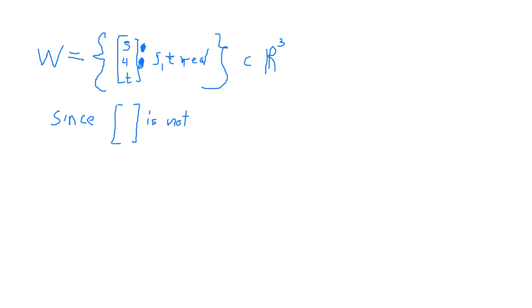But there's one thing that's not in W. There's a very important vector that is not in space W. Zero vector. That's right, Noah. Very good. So since the zero vector is not in W, W is not a subspace. It's not a subspace.